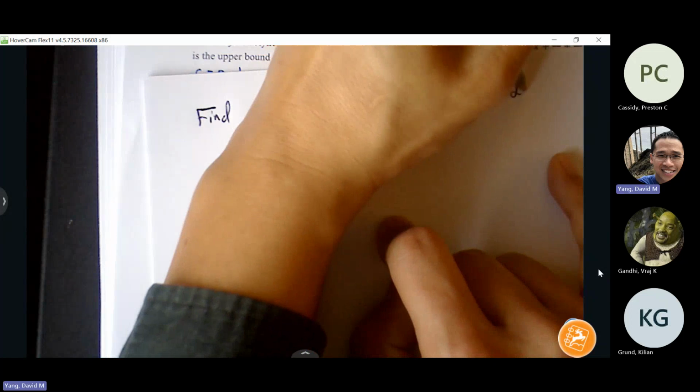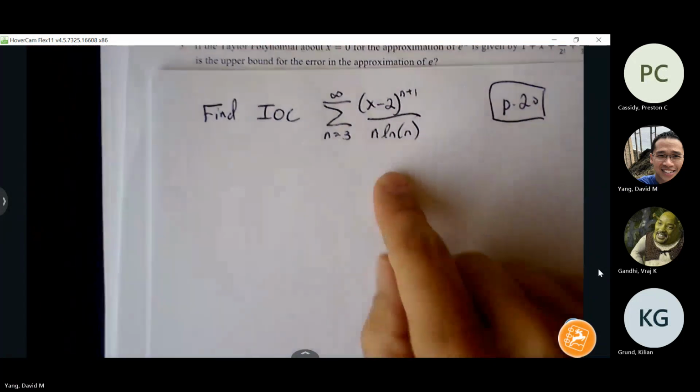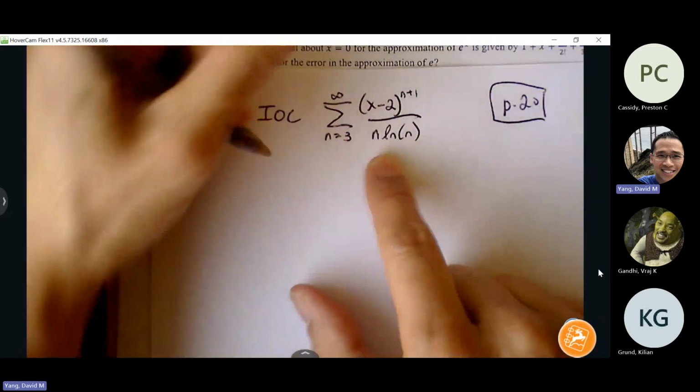This is page 20 of the notes packet, by the way. All right, so we want to find the interval of convergence. We have to go through the ratio test, so we'll do that.